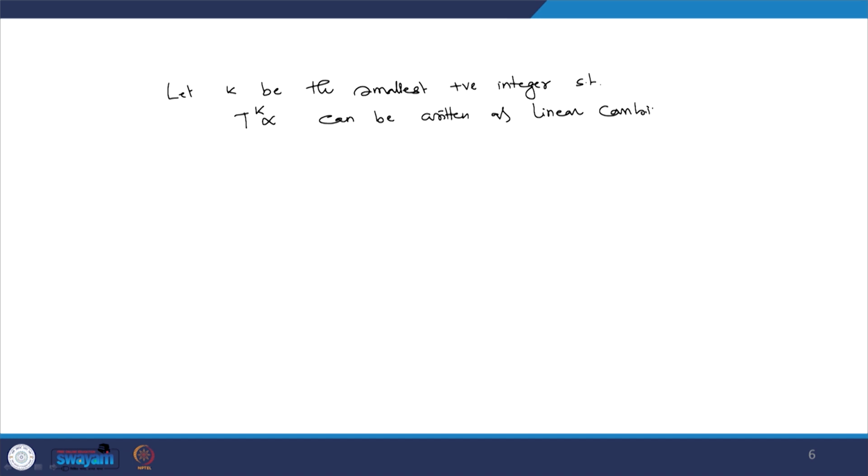Not only that, let k be the smallest positive integer such that T to the power k alpha can be written as a linear combination of the preceding elements, that is alpha, T alpha, T square alpha, up to T^(k-1) alpha.